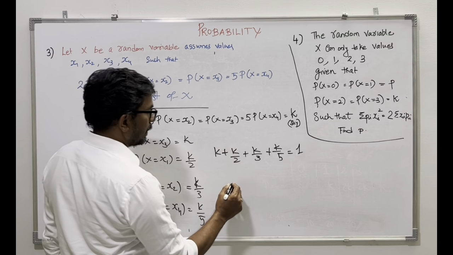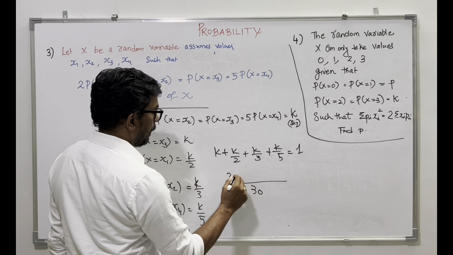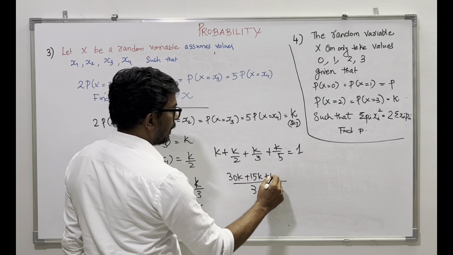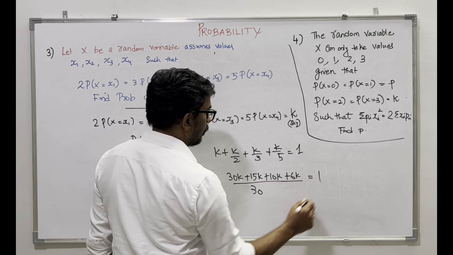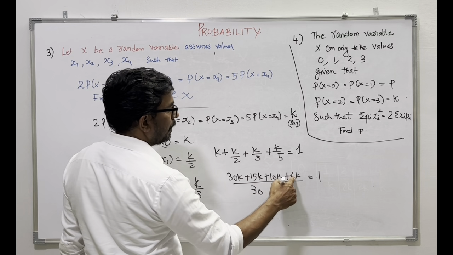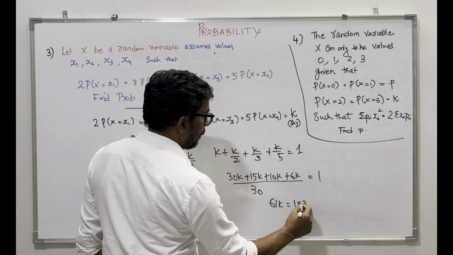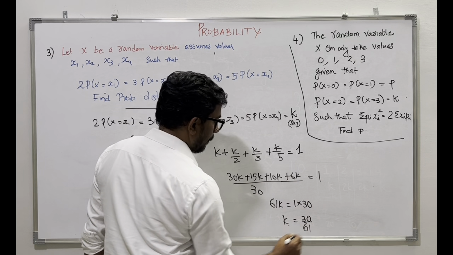Let us take 30 as the LCM. Then this will be 30k plus 15k plus 10k plus 6k equal to 1. So this will become 61k equal to 1 into 30. So k is 30 divided by 61.